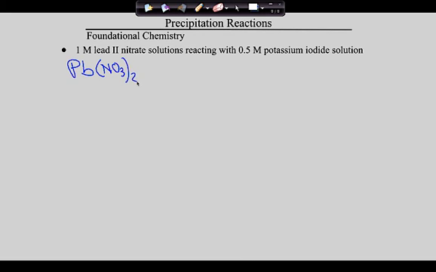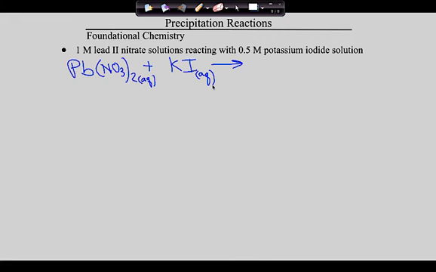Pb(NO3)2. This is reacting with KI, which is potassium iodide. Now we need to know the subscripts for this. Solid, liquid, gas, or aqueous? Aqueous, because they have molarities, we know that they're dissolved in water, like so. Now guys, we need to predict our products.